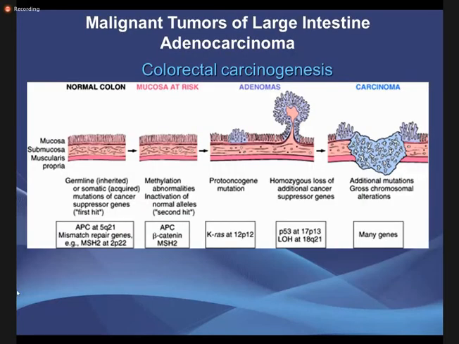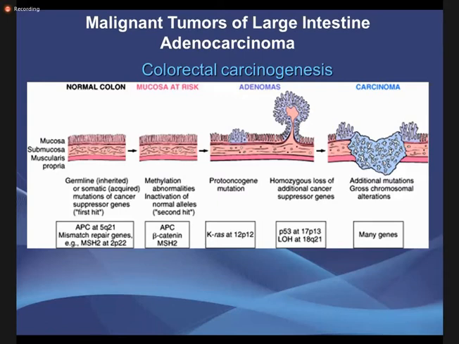Now this is the diagrammatic representation. That is the normal colon. Normal colon has mucosa, submucosa, and muscularis. In the normal colon, there is a germline mutation, which is either an inherited or acquired mutation of the cancer suppressor gene. This is the first hit. As you know from your early chapters, there is a two-hit theory for cancer formation, first hit and second hit.